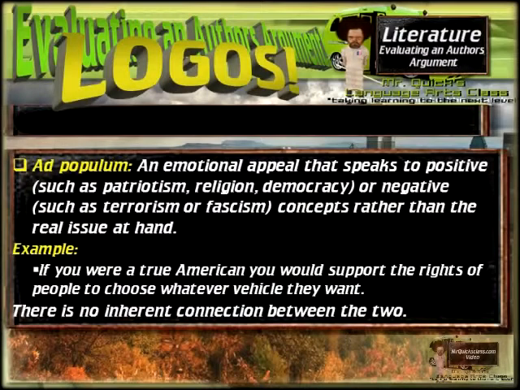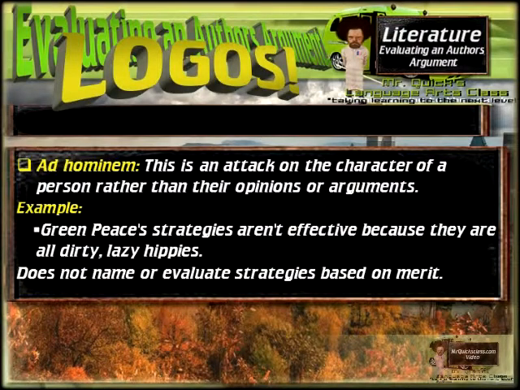What does being American have to do with choosing a vehicle? It doesn't make sense. But at the beginning, if you're a true American, and of course everybody goes, I'm a true American. So now you're trying to appeal to some emotion here, and obviously we see that you're trying to manipulate us. But there is no connection here.